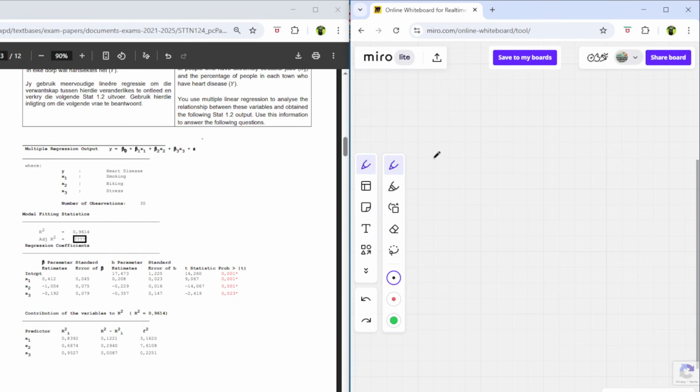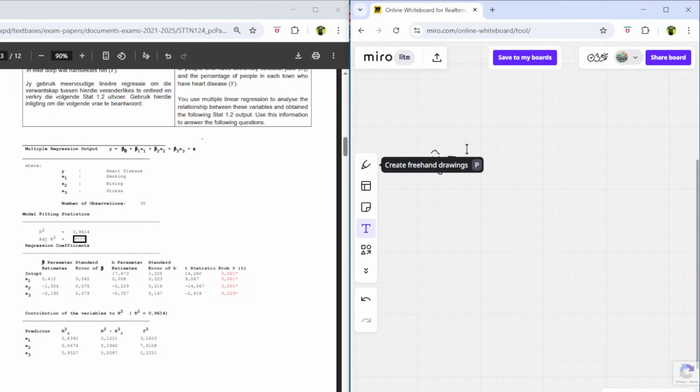You're going to say y estimated is equal to, and then you write these values here. So B0 is going to be the intercept, which is this one, 17.473.